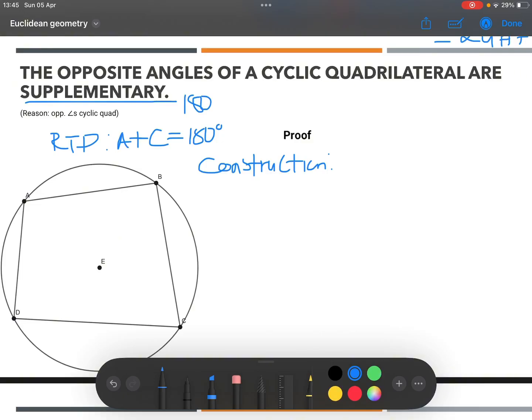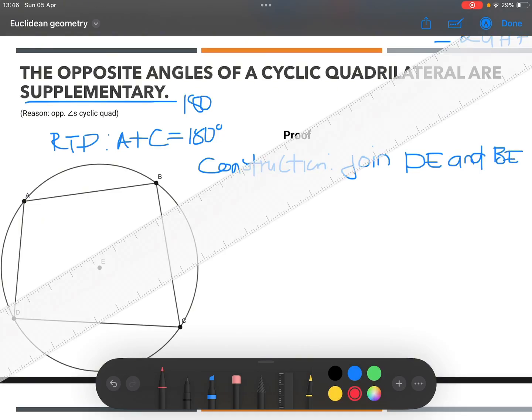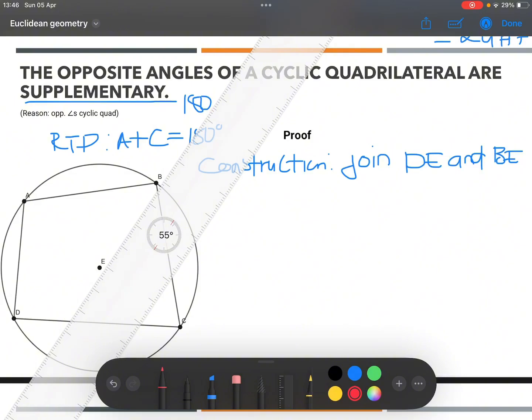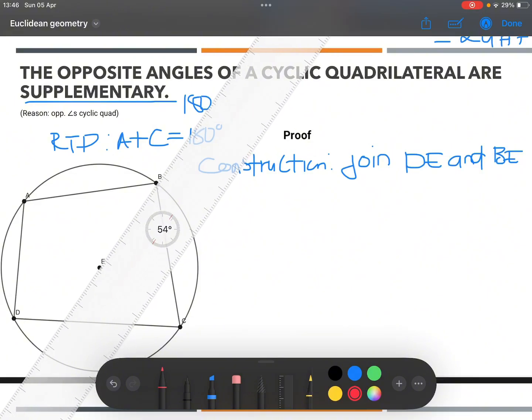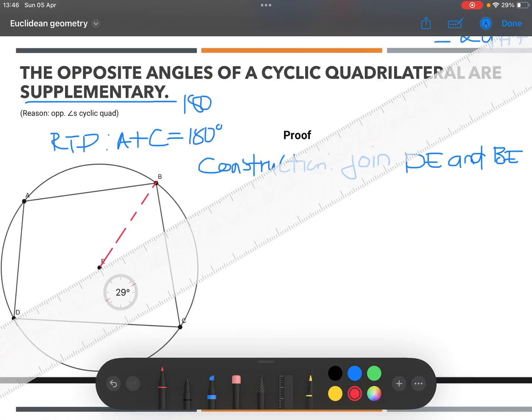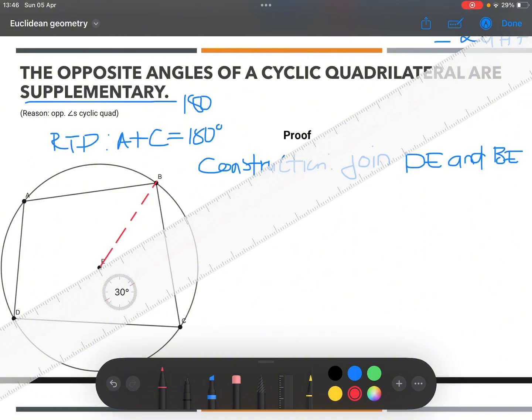Then our construction will be: join DE and BE. Let's join the two. So we're going to construct this. Now we have BE, let's join BE. There we go. And then also we're going to have DE. Let's join DE.